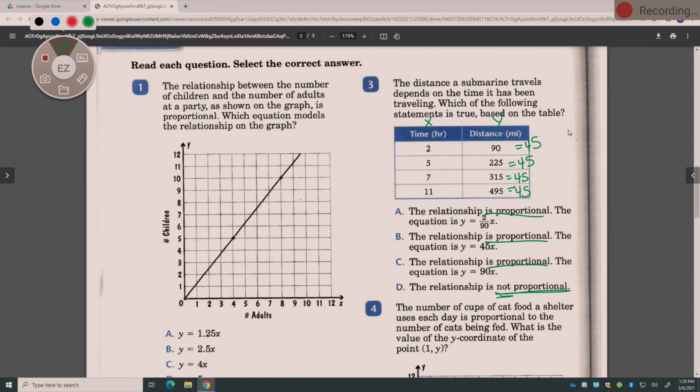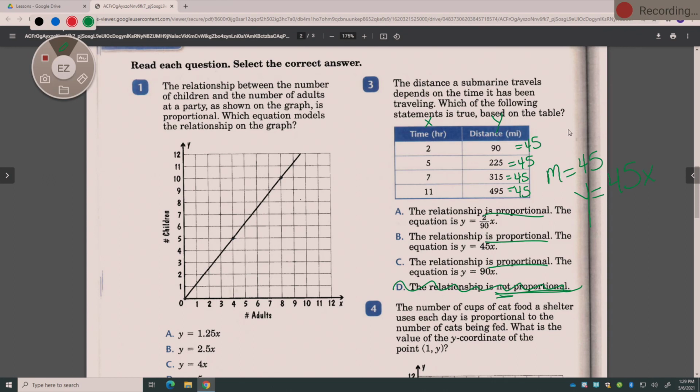So my m is 45, which means my equation is y equals 45x. So the first thing I know is it is proportional, which means D cannot be our right answer.